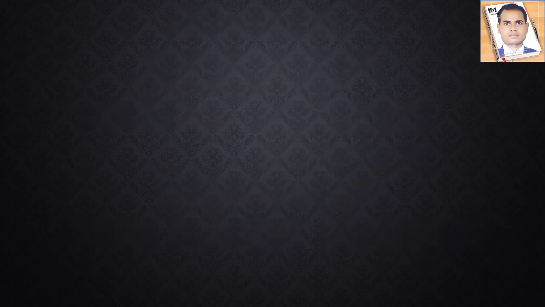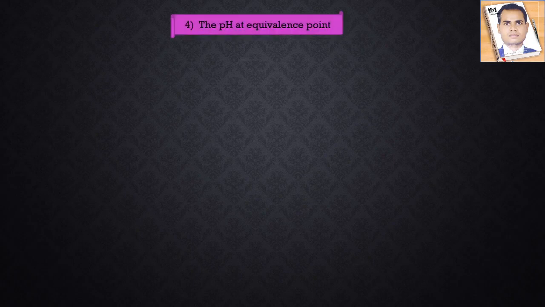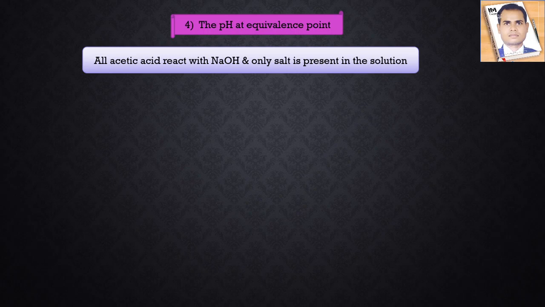And the next stage, after the first stage, is the equivalence point. When we add the same volume and the same concentration of solution to each other, at that time we get the equivalence point. When we add the same amount, you will get only salt.